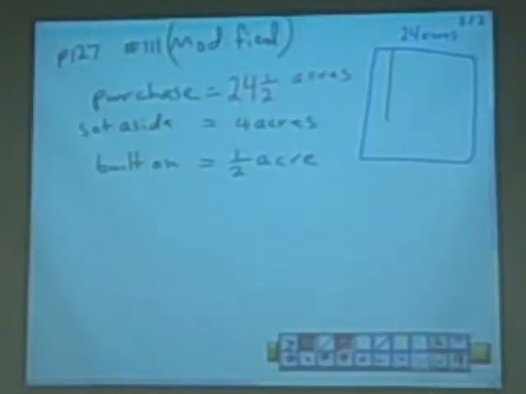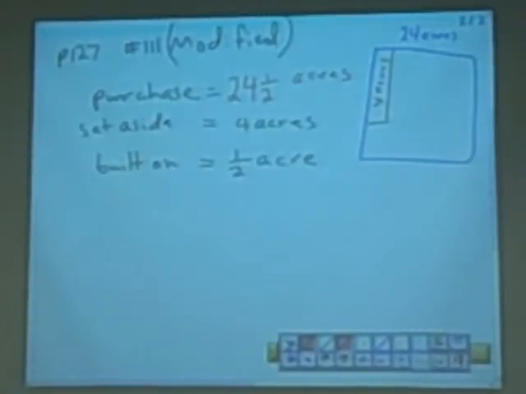We'll call this our entranceway right here. Okay, so what do you think we have to do after we set aside 4 acres? How many acres of land are left? I mean, after he sets aside the 4 acres for his entranceway, how many acres is left to develop on?